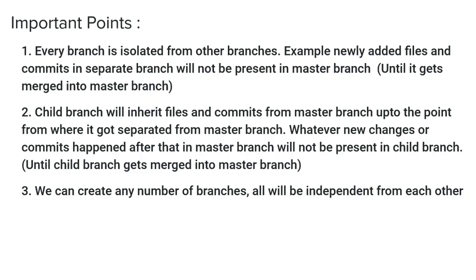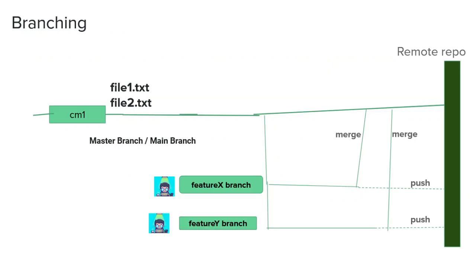The child branch which is created will inherit the files and commits from the master branch up to the point where it got separated from the master branch. Whatever new changes or commits happen after that in the master branch will not be present in the child branch. And we can create n number of branches and all will be independent from each other.